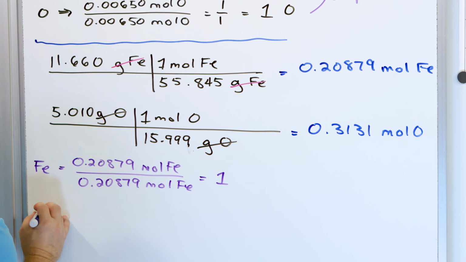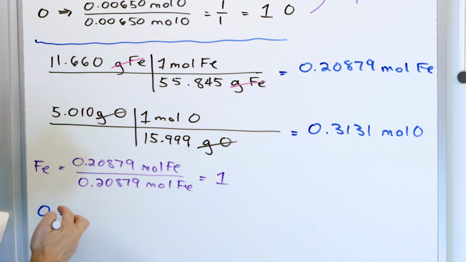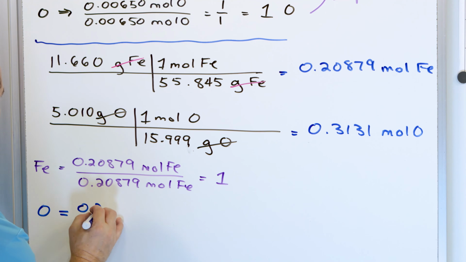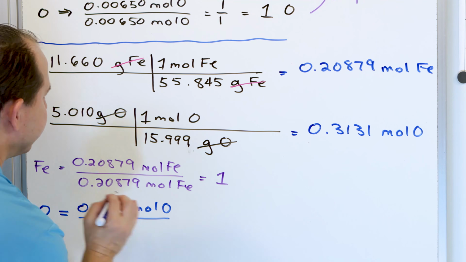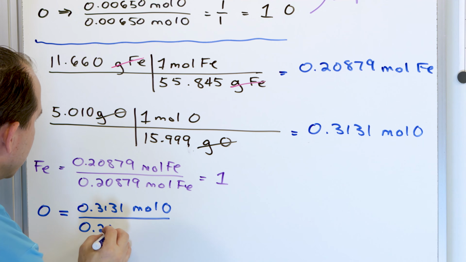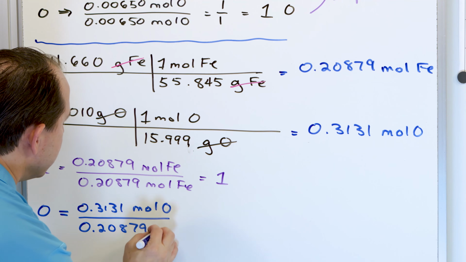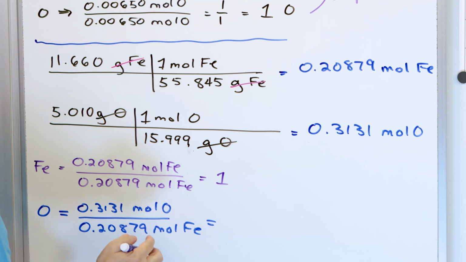For oxygen, we calculated 0.3131 moles of oxygen, and we're going to divide by the moles of iron, which is 0.20879 moles of iron. So we're figuring out the ratio of the moles of oxygen to the moles of iron.